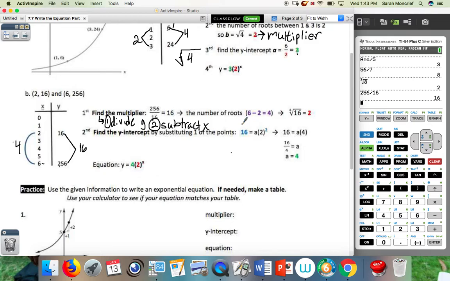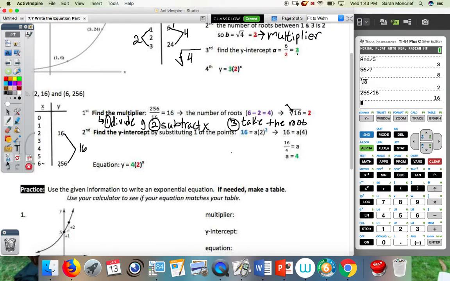And then the third part of finding the multiplier is going to be take the root of this. So in this case, we're going to take the fourth root of 16.